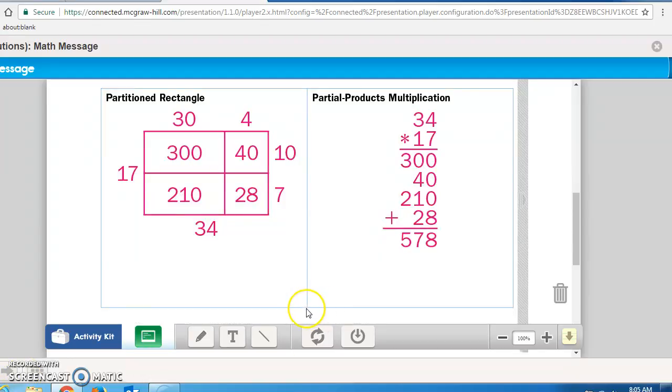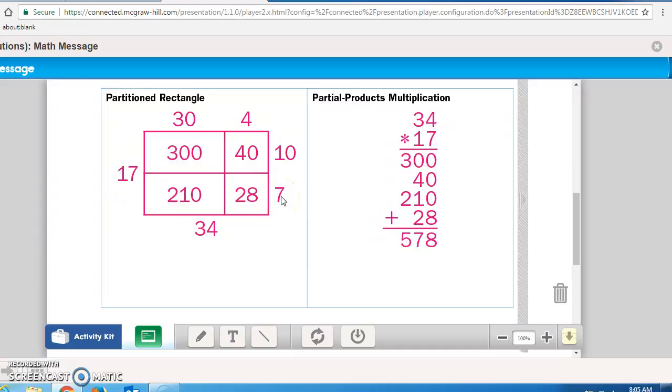All right, let's take a look at problem number 2 on Math Journal page 130. It was doing 17 times 34. Notice we're breaking this up a little bit different this time. Because 17 can be broken into 10 and 7, I'm actually going to have 2 partitioned rectangles. So I put the tens place on top and the ones place on bottom.